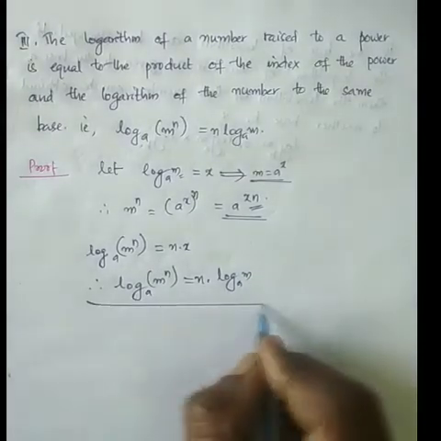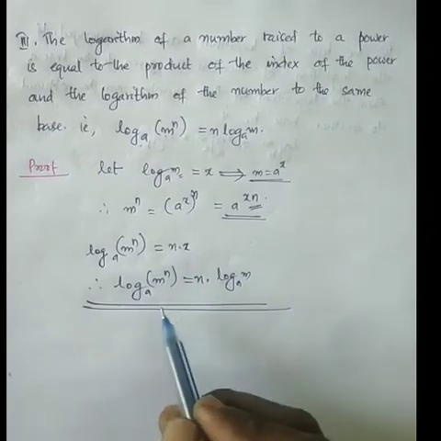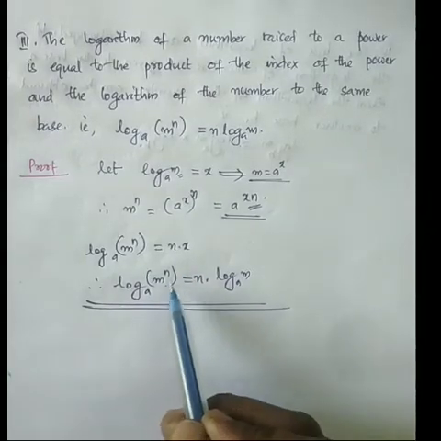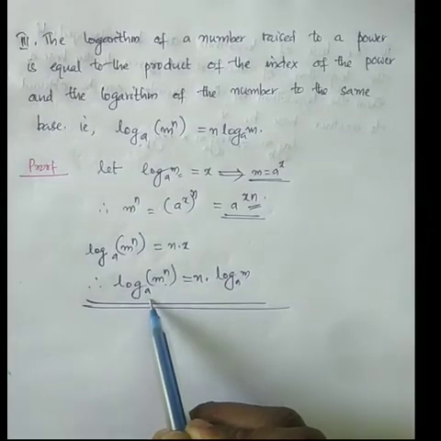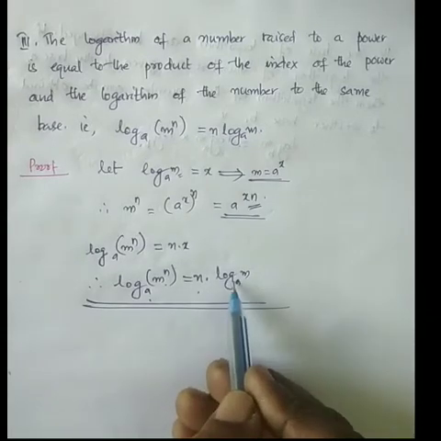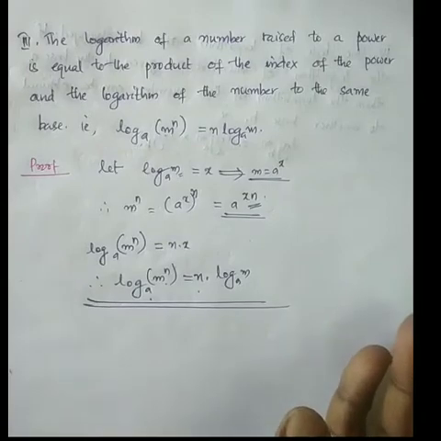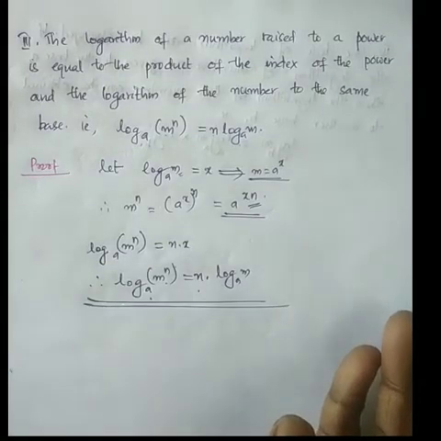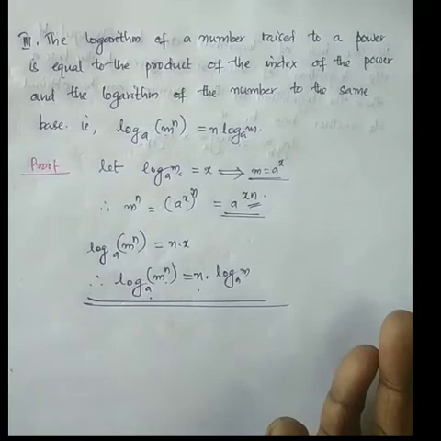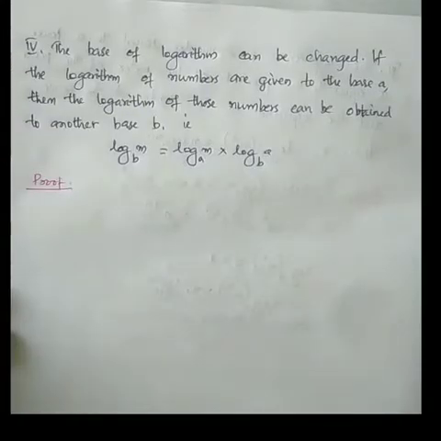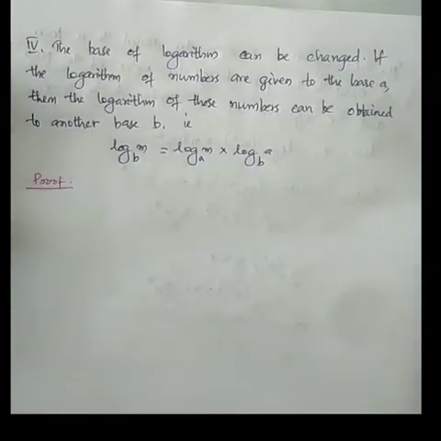Therefore, we get the result log m raised to n to the base a equal to n into log m to the base a, or simply we can say that log m raised to n equal to n log m.